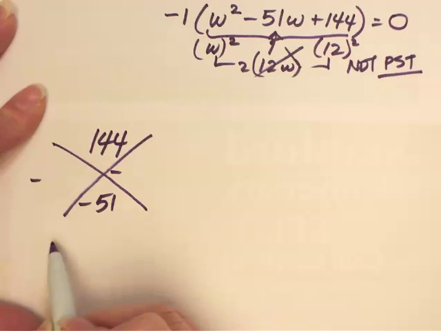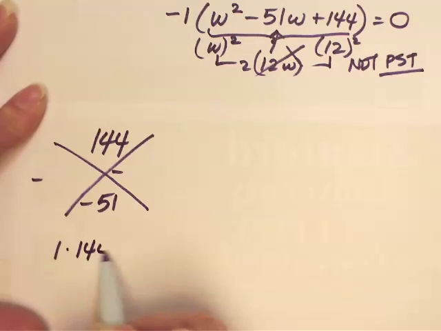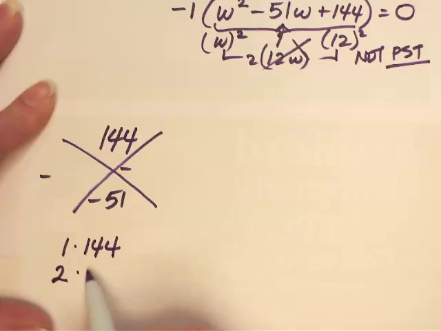so I'm going to go ahead and check. 1 times 144, 2 times 72.